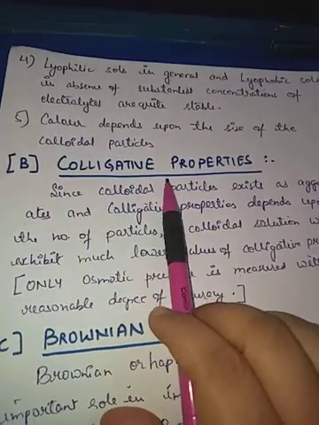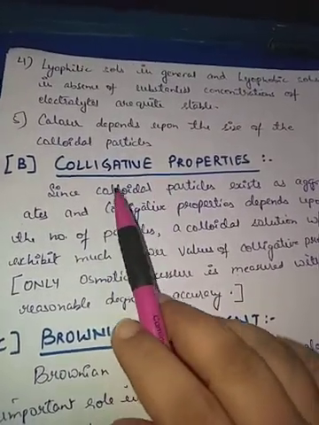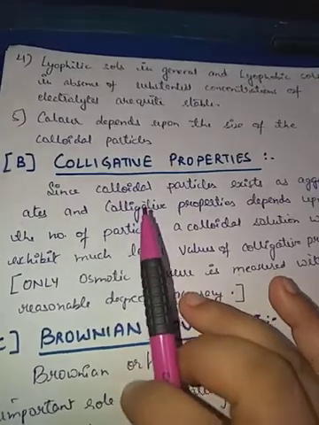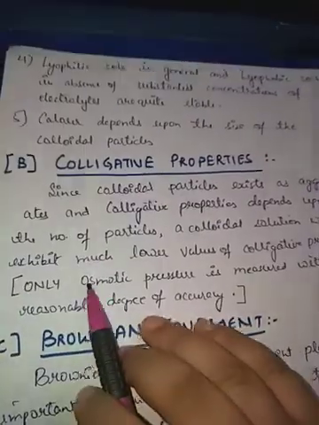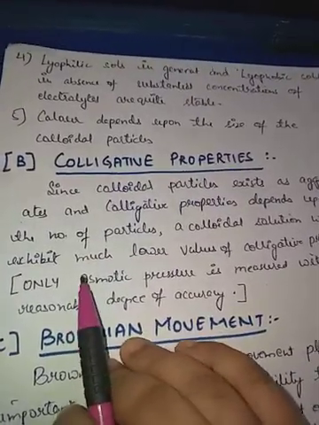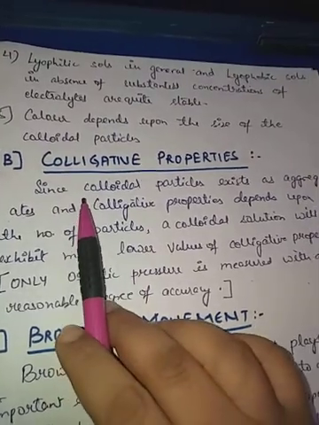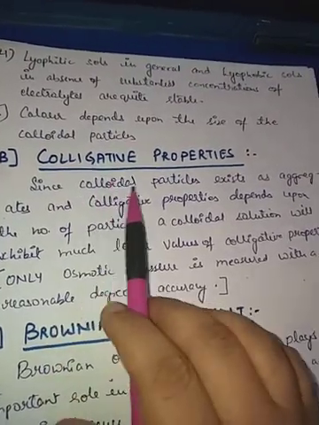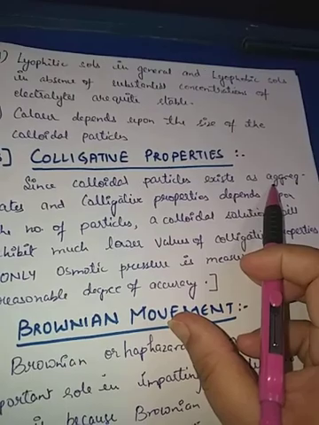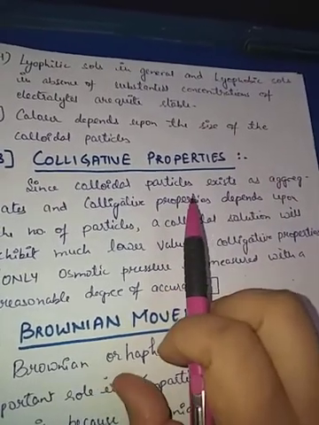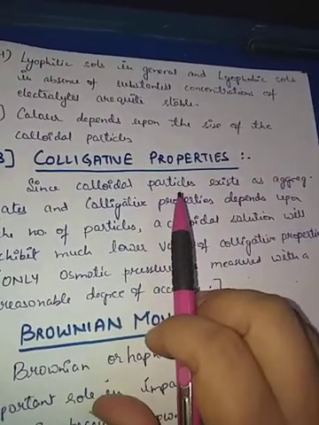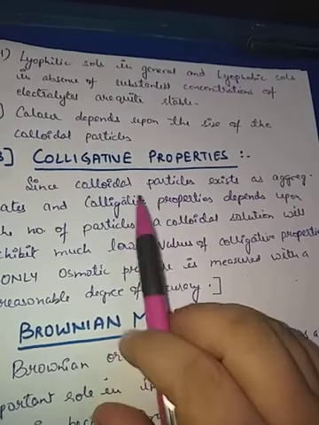Now colligative properties. Colloidal particles also show colligative properties like relative lowering in vapor pressure and elevation in boiling point. But the particles in the colloidal state are in the form of aggregates. If they aggregate, the number of particles becomes less.